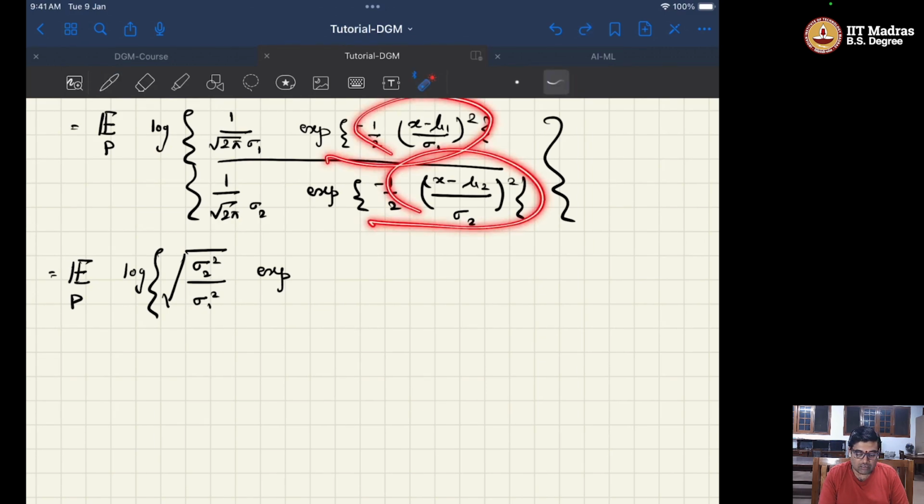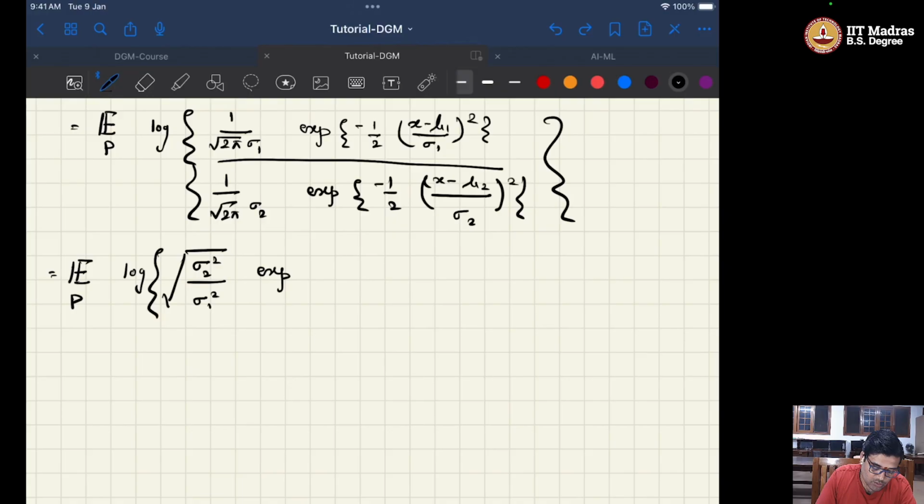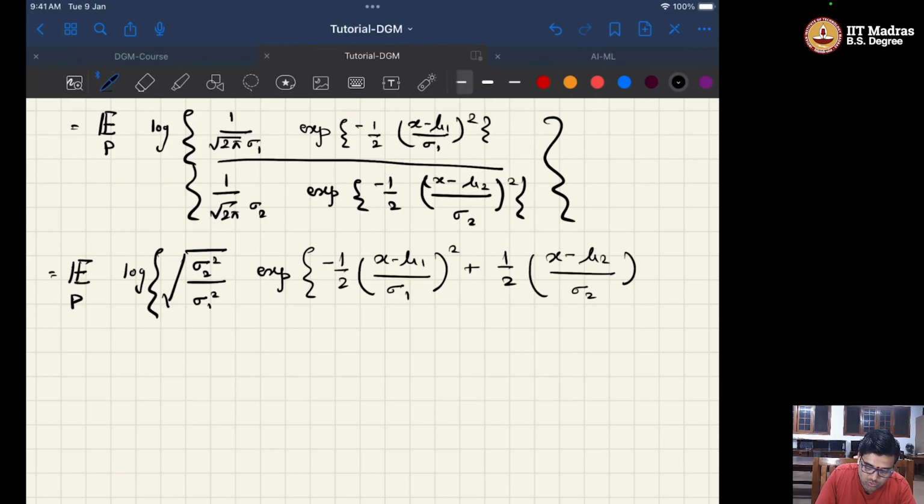This minus this. Since you already have a minus, that means this plus this. So now this will be exp of minus half into x minus mu1 divided by sigma 1 whole square plus half into x minus mu2 divided by sigma 2 whole square. Now this is exp and this is for the log.